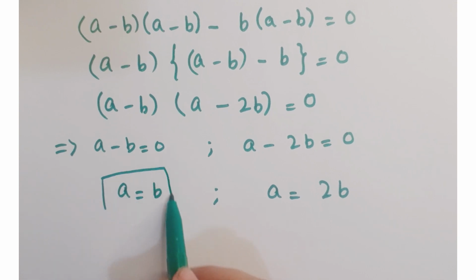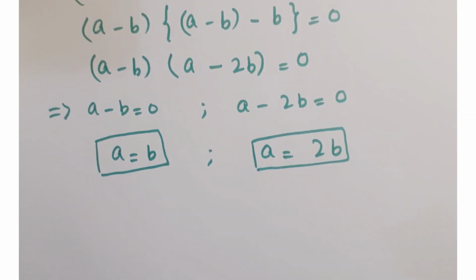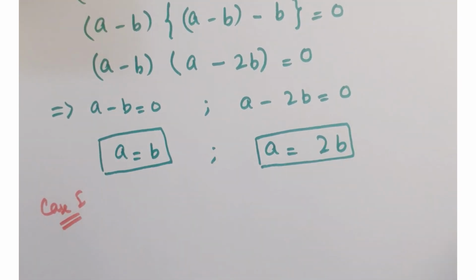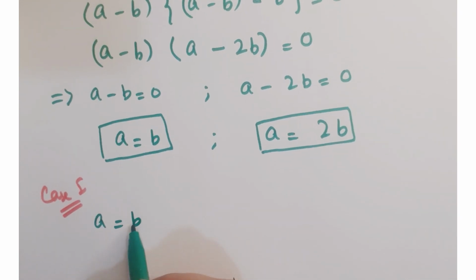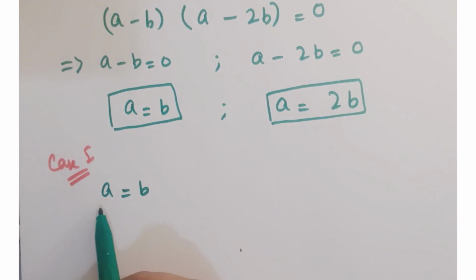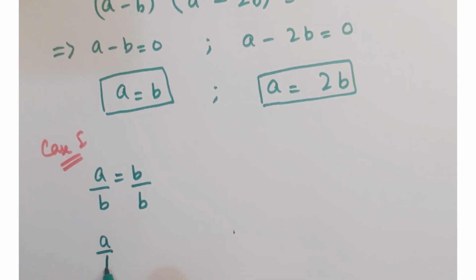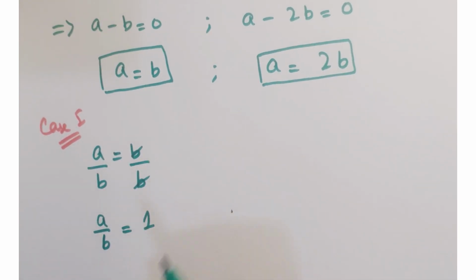Now, this is case 1 and this is case 2. Let's deal with case 1. Case 1 is a is equal to b. Now, if we divide by b on both sides, we have a upon b is equal to 1, because this b and this b got cancelled.